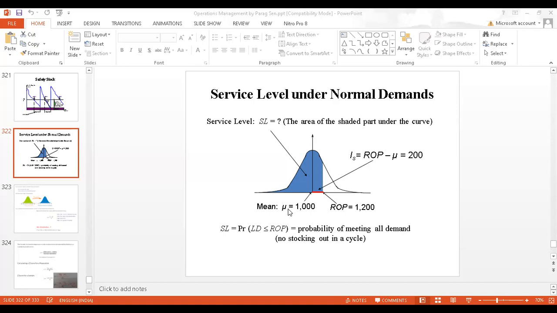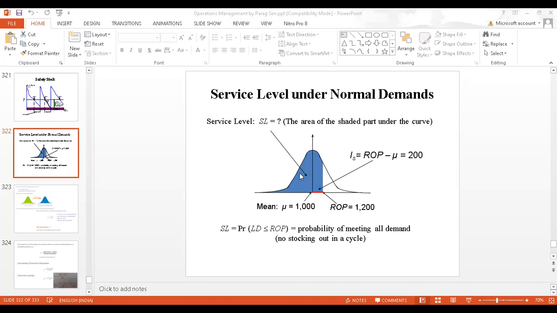Mean means the average demand that you see during the lead time, that is actually your mean value. Here, suppose it is given as 1000. Okay, and if you ask what the service level of your mean value is, obviously that will be 50%.